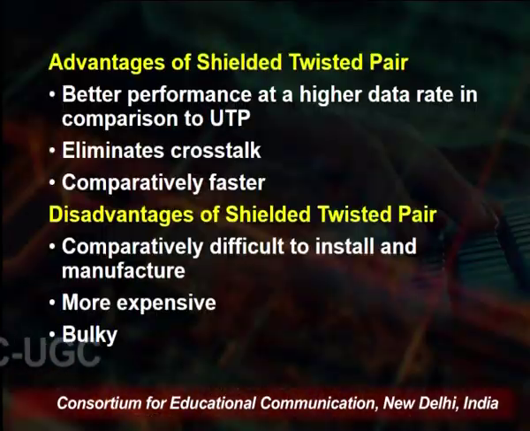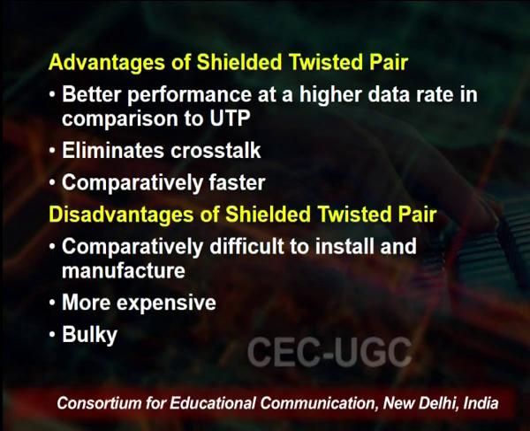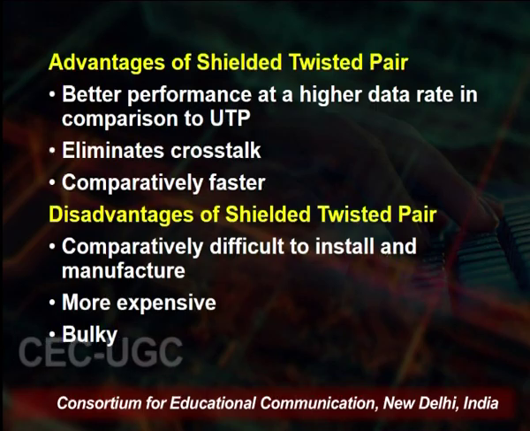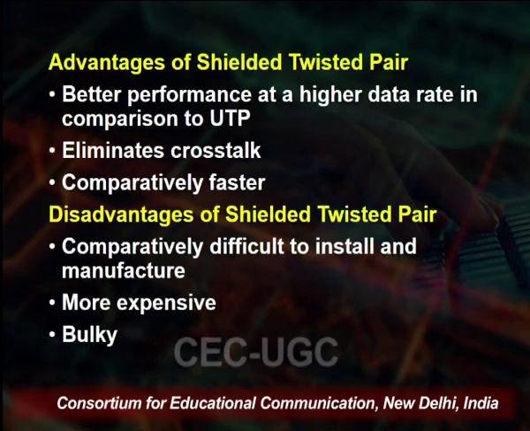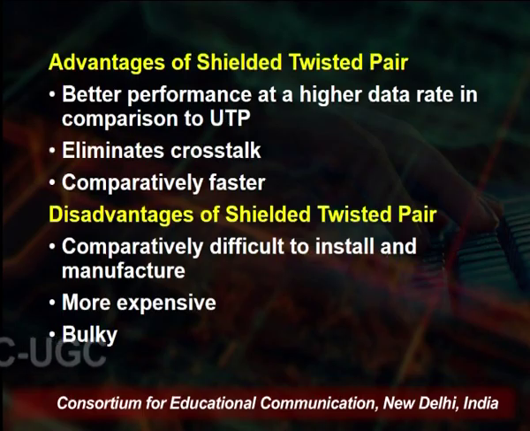If we look into its advantages, it gives better performance with a higher data rate in comparison to UTP, the unshielded twisted pair. It eliminates crosstalk to a reasonable level, and it is comparatively faster than UTP.